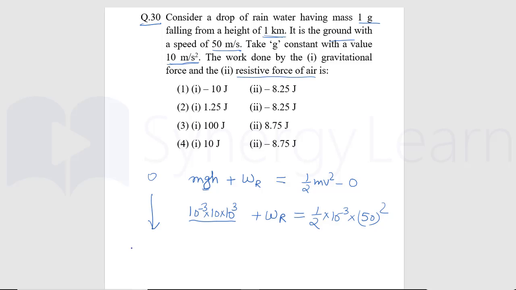So the work done by gravity we obtain here as 10 joule, and since it is mentioned in only one of the options, so fourth option is correct, and from this when we subtract the kinetic energy we will obtain W_r, which will turn out as negative because resistive force will do negative work, which should come as minus 8.75 joule.